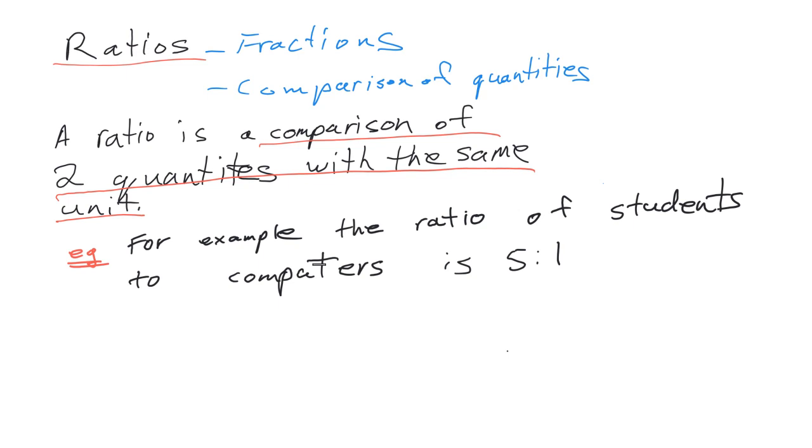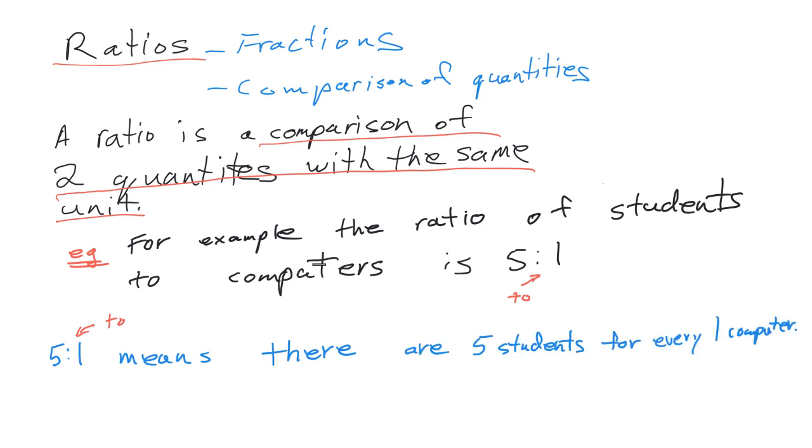Now, when you see 5:1, this means the following. So remember, 5:1 really means that there's 5 students for every one computer.